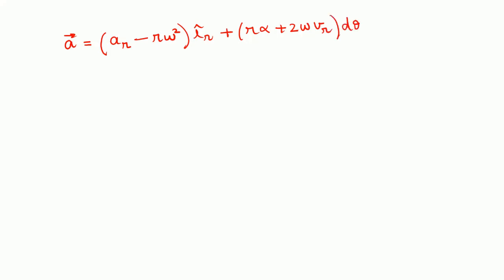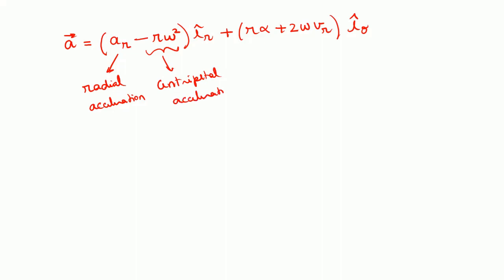Now let us observe this. This is the whole acceleration term, the last part in the E theta direction, I'm sorry, not d theta. So ER and E theta directions. What are these? This particular part, AR, is called the radial acceleration. This one, minus R omega square, which acts towards the center, is called the centripetal acceleration.